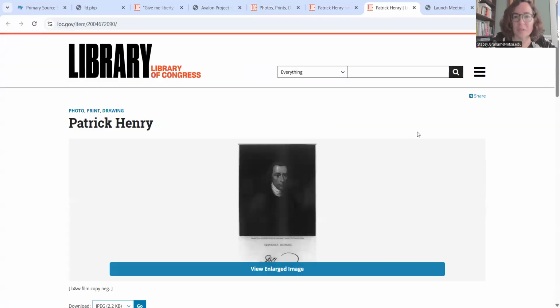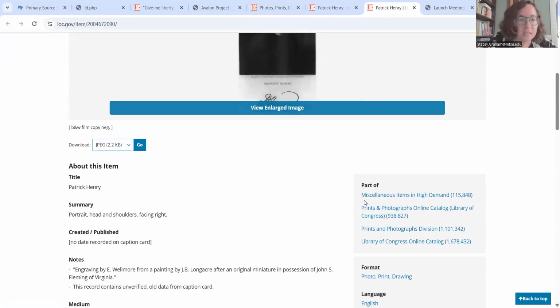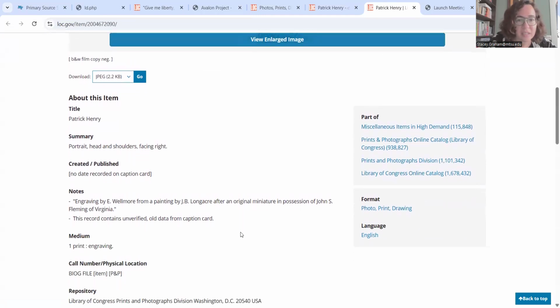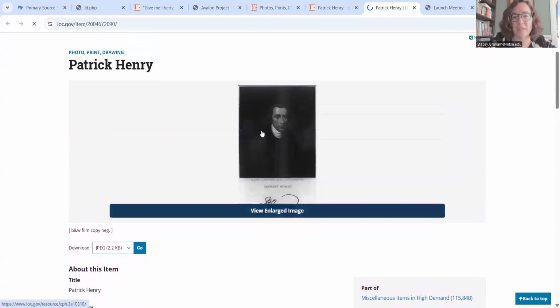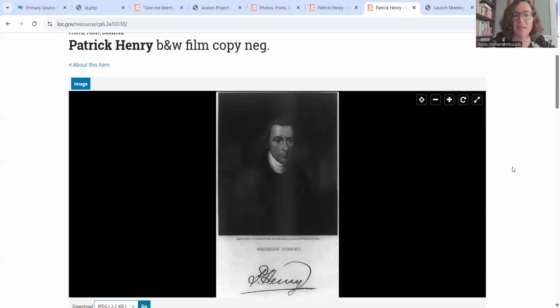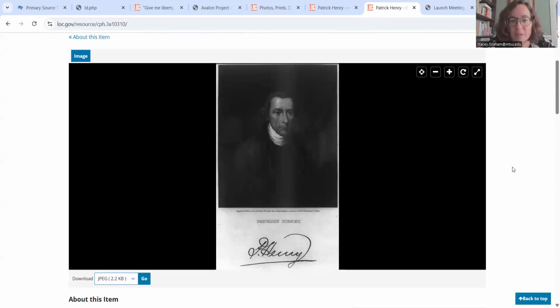What about this one? This looks kind of old. So there is no date on it, but it's an engraving from a painting made after a miniature, etc. So it's actually kind of a chain of copies of what would have been an original.